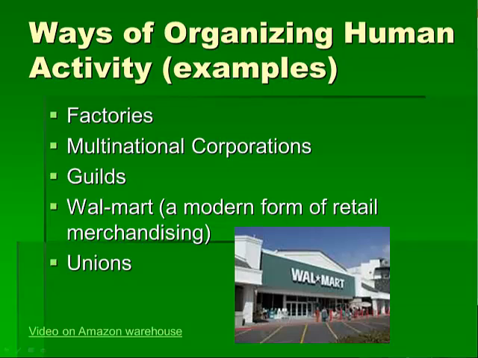Even back in the days of primarily craft production, we had ways of organizing human activities such as the creation of guilds of skilled craftsmen that played a very important role in the way technology evolved. And now we also have quite a lot of innovation in the way products are sold, Walmart being a great example of that. And to some degree, you can think of organized unions as being a form of human organization that helped to transform production systems.